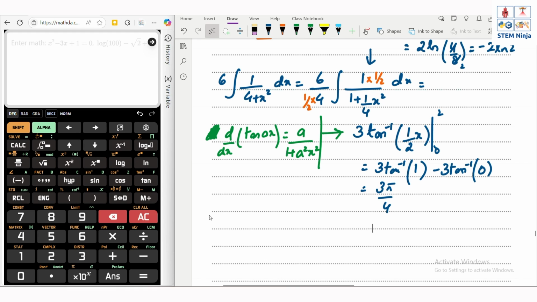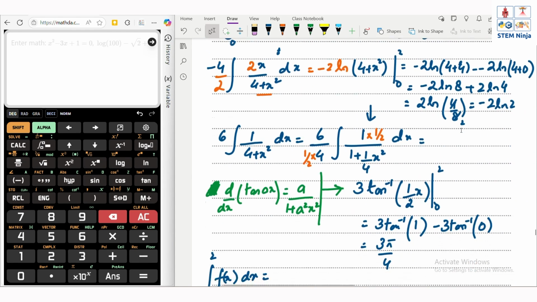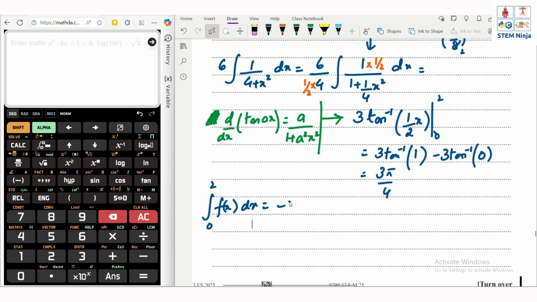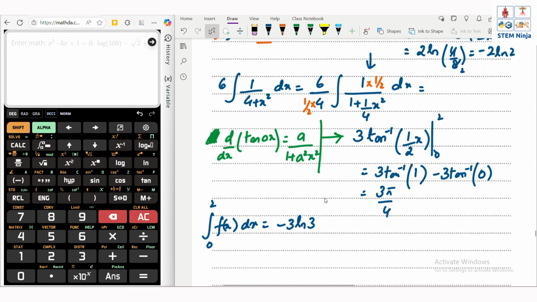Right, now we add up all together. So the integral of f of x dx from 0 to 2, we get minus 3 ln 3, minus 2 ln 2, and then plus 3 pi by 4.